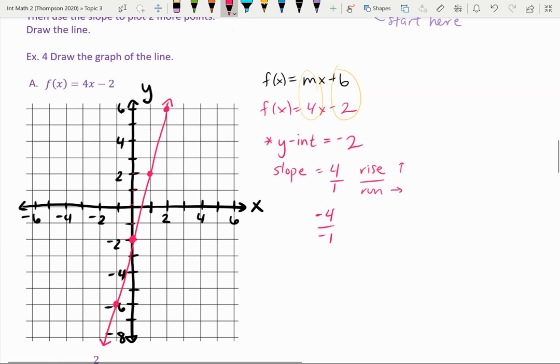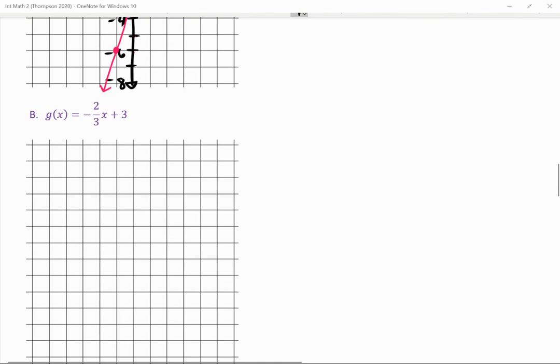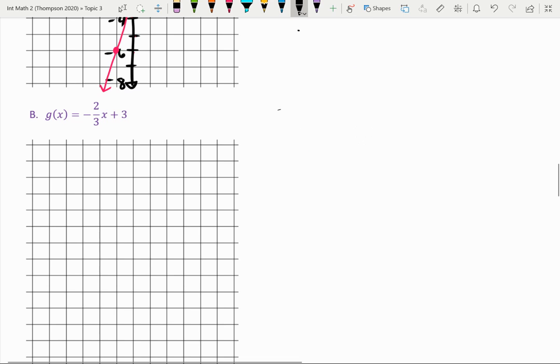Okay, let's do another. So I've got my equation of a line in slope-intercept form, y equals mx plus b. This function we're calling g of x. I'm going to go through, identify my y-intercept and my slope.